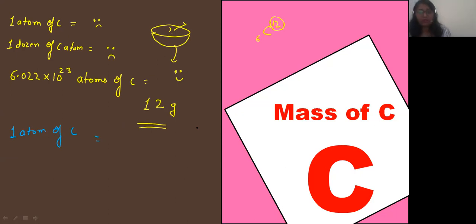One atom of carbon weighs 12 multiplied by 1 upon 6.022 into 10 raised to the power 23 grams.